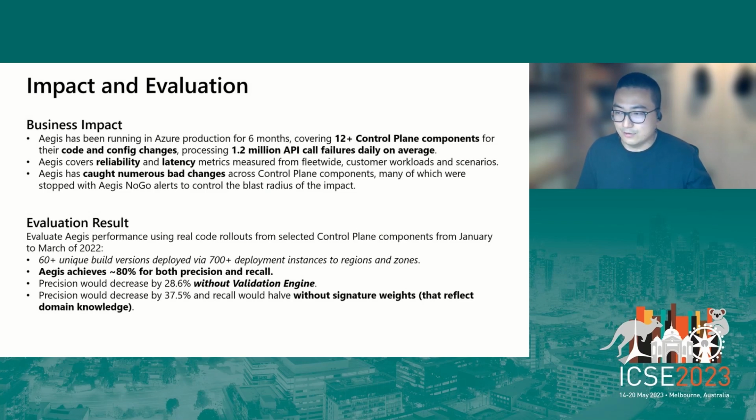The precision would also decrease by 37.5%, and recall would almost halve, if we do not have the proper signature weights ingested into the correlation part. And again, signature weight is our way of reflecting domain knowledge into the end-to-end system.